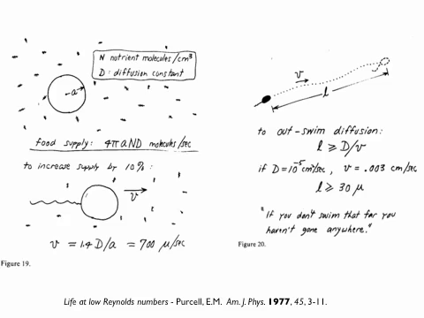So for food supply, the rate is 4 times pi times the radius of the object times the number times the number of Avogadro times the diffusion coefficient of the molecules.